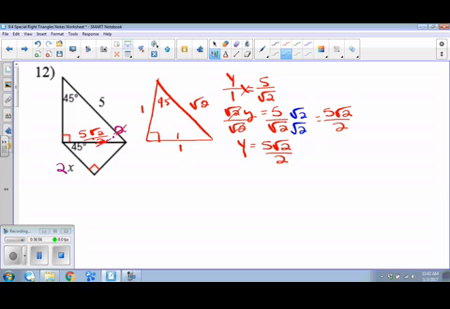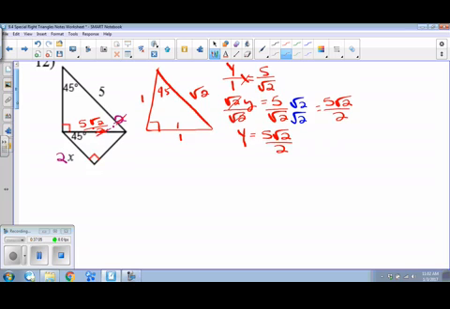So now, we're going to take this 45, 45, 90 and compare it to the basic 45, 45, 90, so we can set up our proportion to solve for x. If we knew what this other leg was, we wouldn't even have to worry about setting up a proportion, because in a 45, 45, 90 the legs are the same, but we don't.